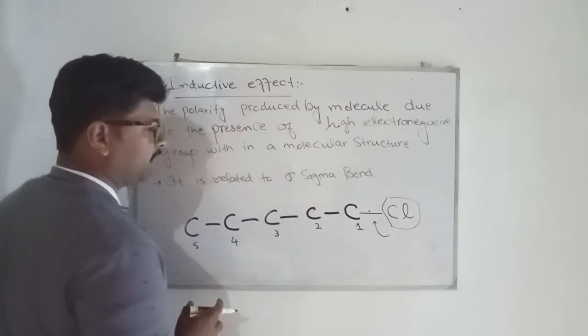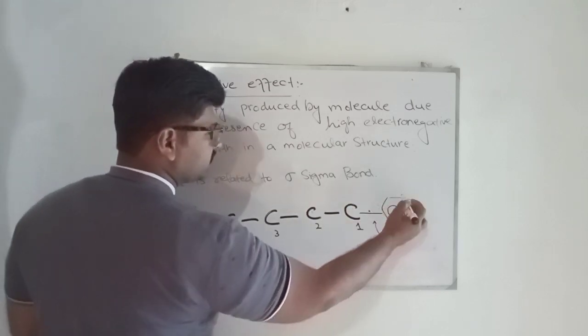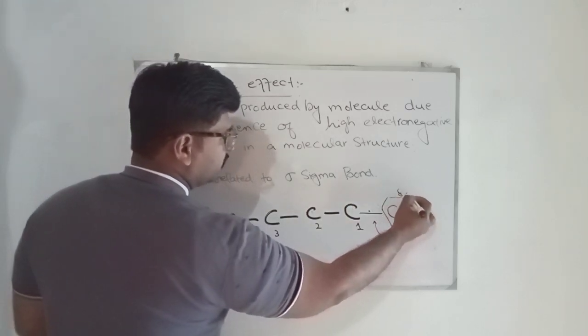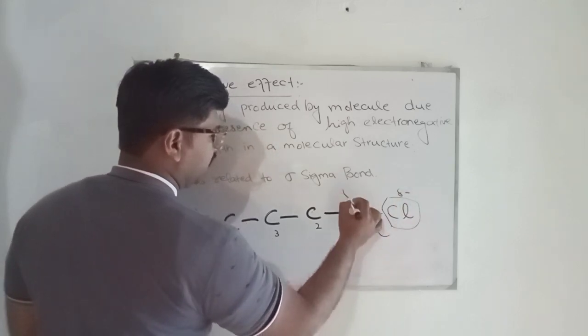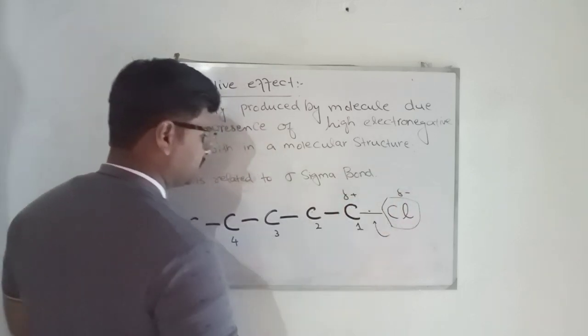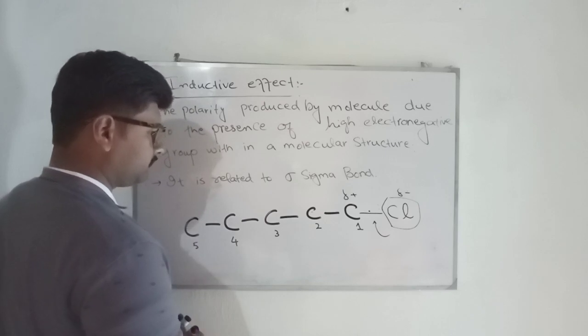Thus, there appear charges: chlorine will acquire a partial negative charge and carbon will acquire a partial positive charge.